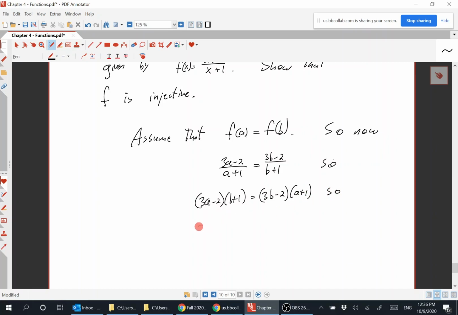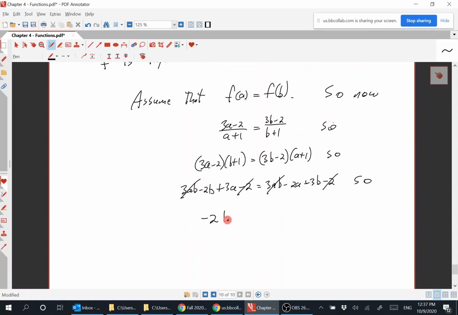So we can multiply it out here. 3ab minus 2b plus 3a minus 2 equals 3ab minus 2a plus 3b minus 2. So, right, cancel, cancel, cancel, cancel. Minus 2b plus 3a equals minus 2a plus 3b.